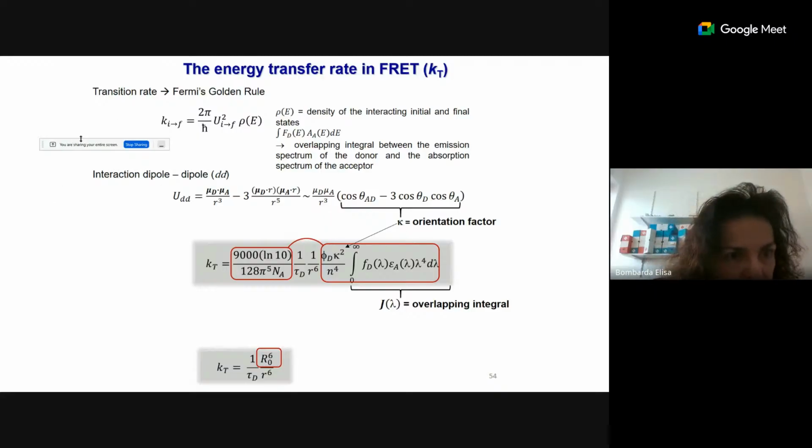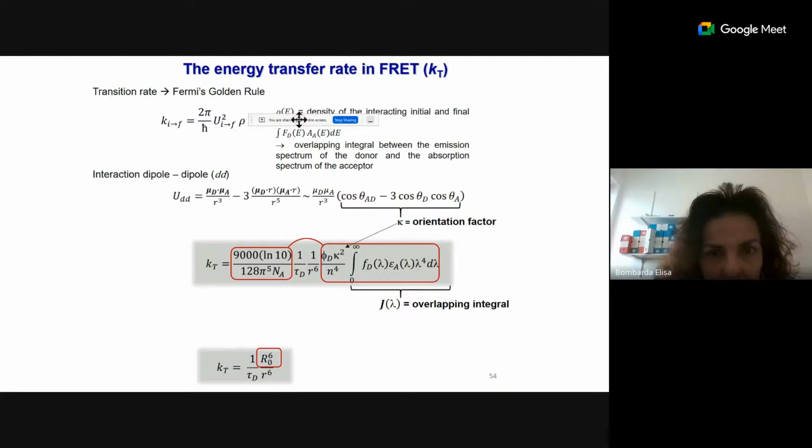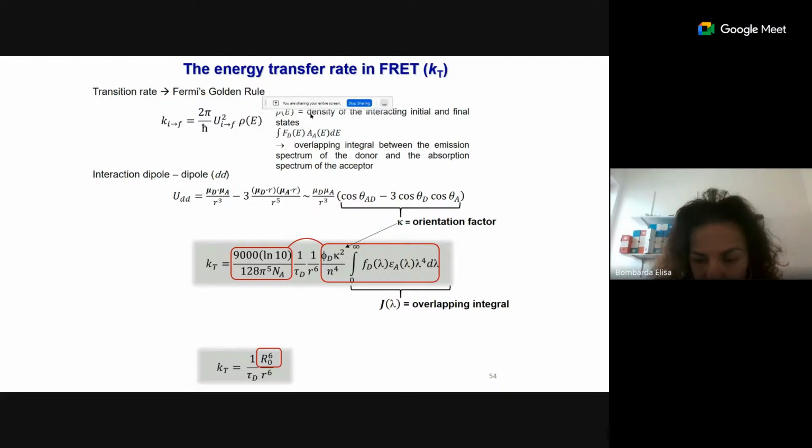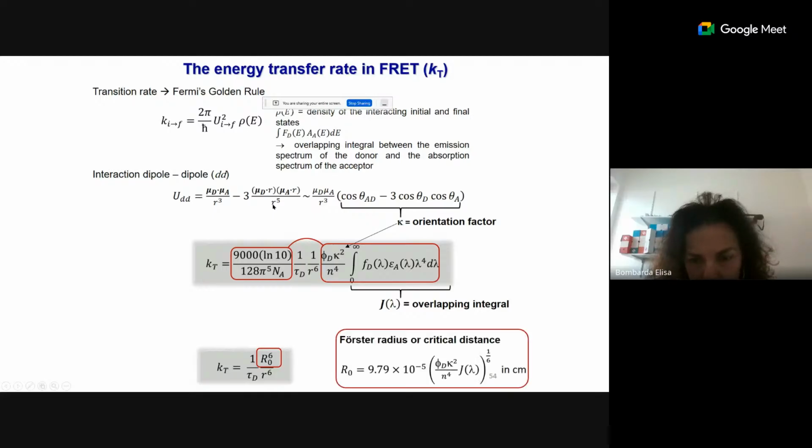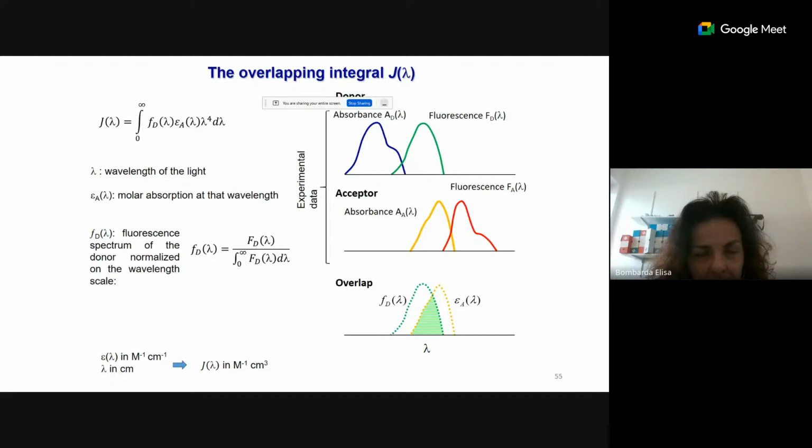And the Förster radius, as I said. Now let's come to something more practical.